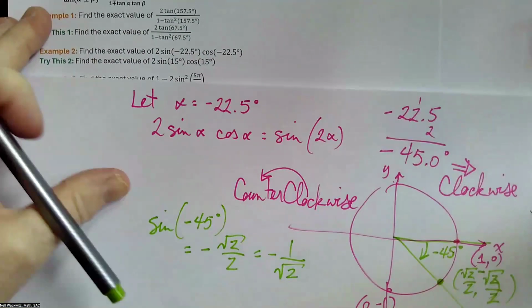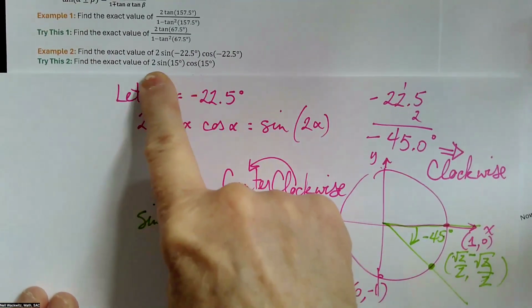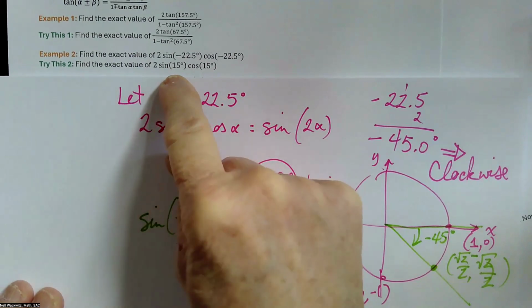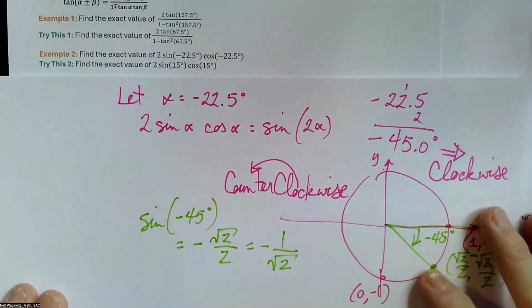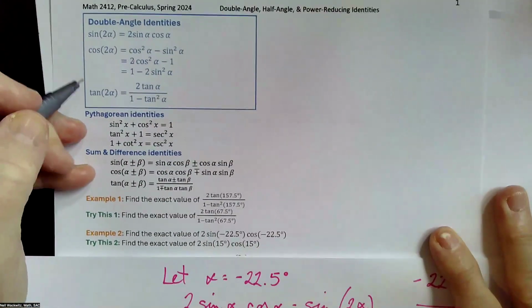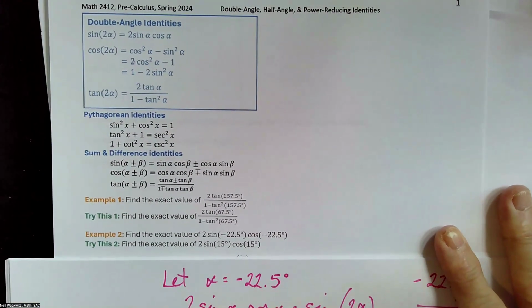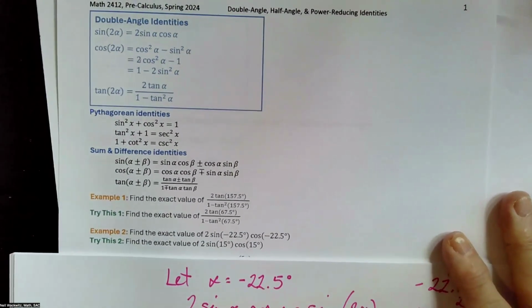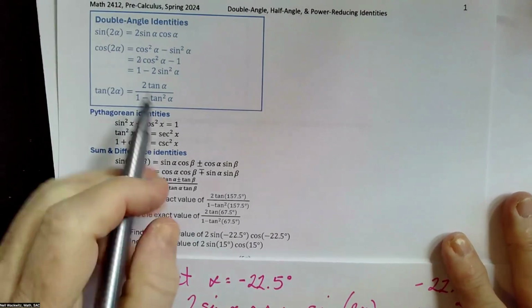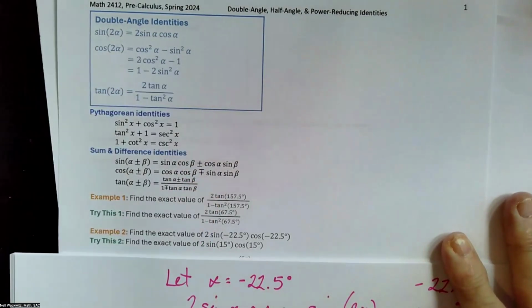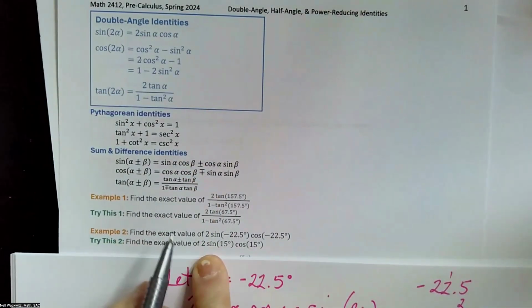Great. And let's just try this together. How would we find 2 times the sine of 15 degrees times the cosine of 15 degrees? Which of these formulas are we going to use? Yes, good. So we're going to use sine 2 alpha is 2 sine alpha cosine alpha, because that's exactly the pattern we have.